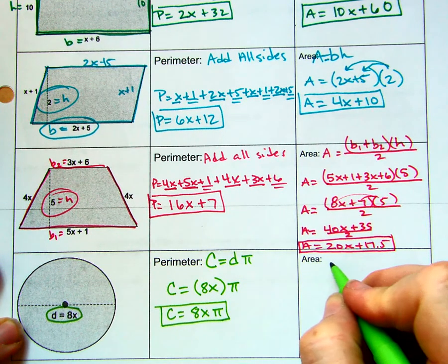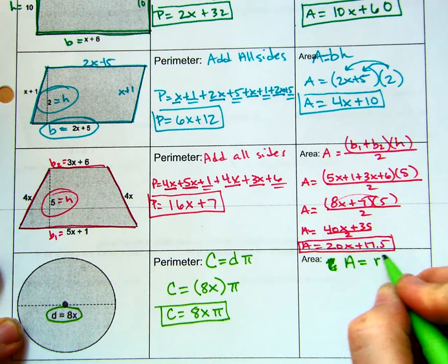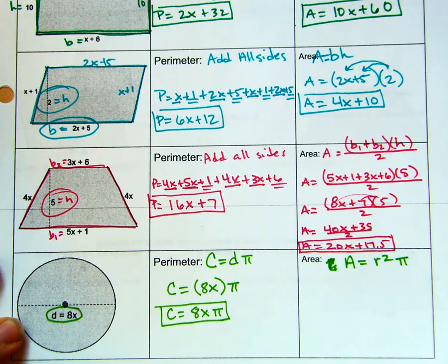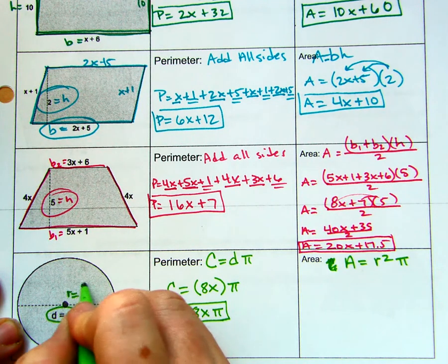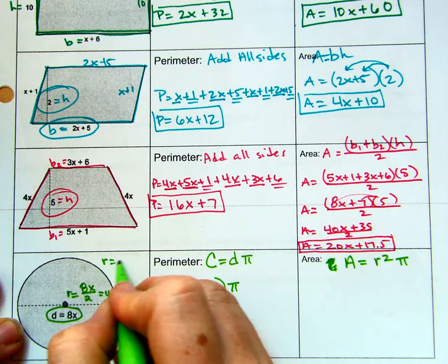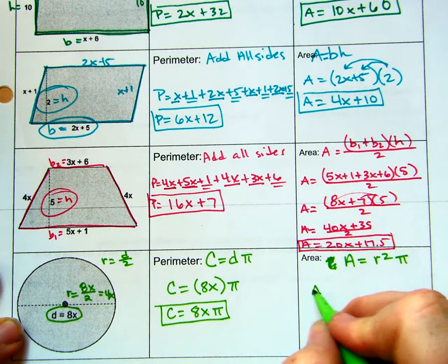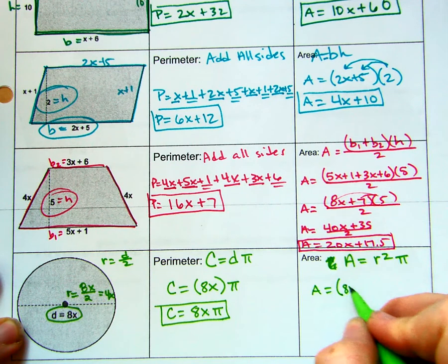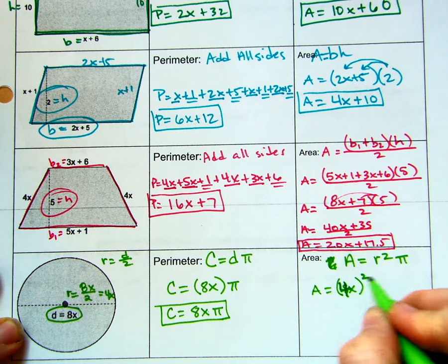To find the area of a circle, not C, but A, we take radius squared and then multiply that times pi. So we have to come over here and find the radius, which is going to be half the diameter. So 8x divided by 2, which is 4x. Remember, radius can be found by taking the diameter and dividing by 2. So my area is going to be 4x squared times pi.